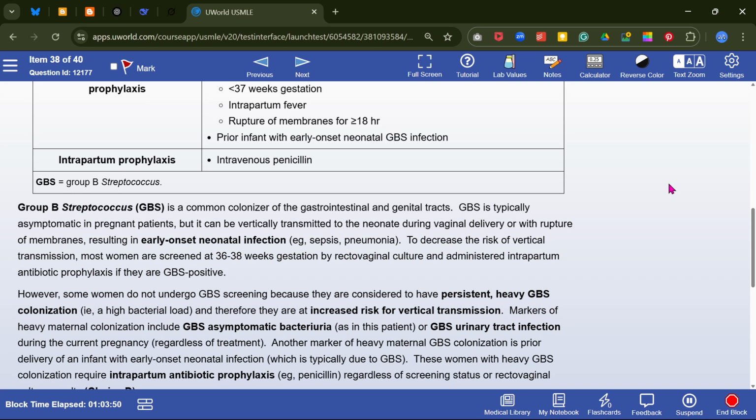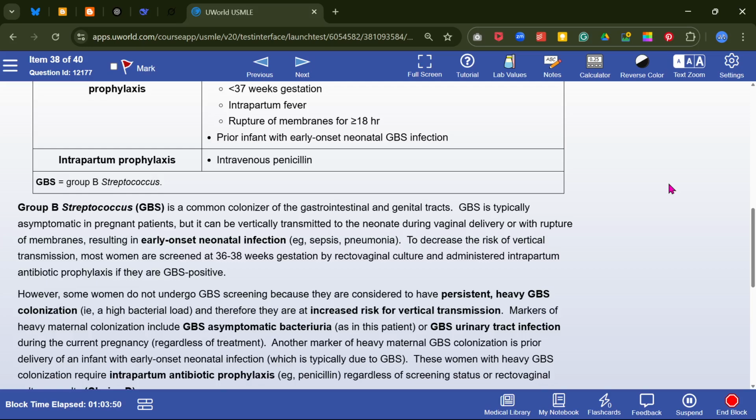Group B Streptococcus is typically asymptomatic in pregnant patients, but it can be vertically transmitted to the neonate during vaginal delivery or with rupture of the membrane, resulting in early onset neonatal infection, sepsis, and pneumonia. To decrease the risk of vertical transmission, most women are screened at 36 to 38 weeks of gestation by rectovaginal culture and administered intrapartum antibiotic prophylaxis if they are GBS positive.